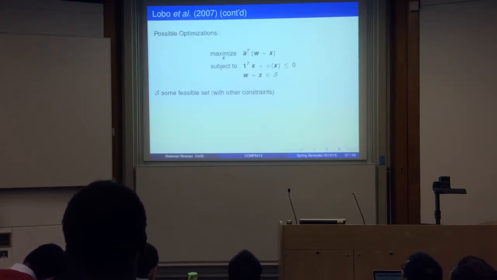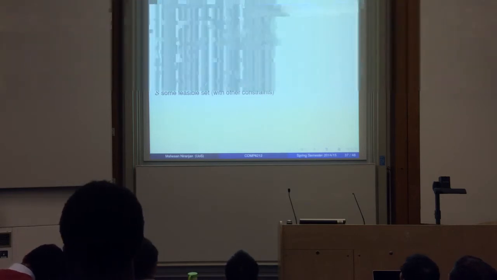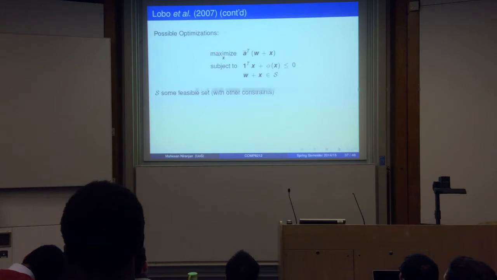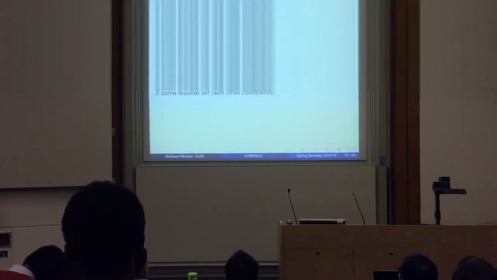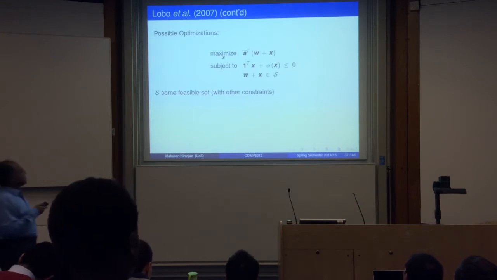We'll see a little bit later, we can impose constraints, like we have seen before, constraints on short selling, constraints on the variance and so on. Somehow, all these optimization problems we look at will have the structure: you want to maximize something subject to some conditions that you can write down, and those conditions plus other conditions will form a feasible set of solutions. So that's one way of thinking about it.